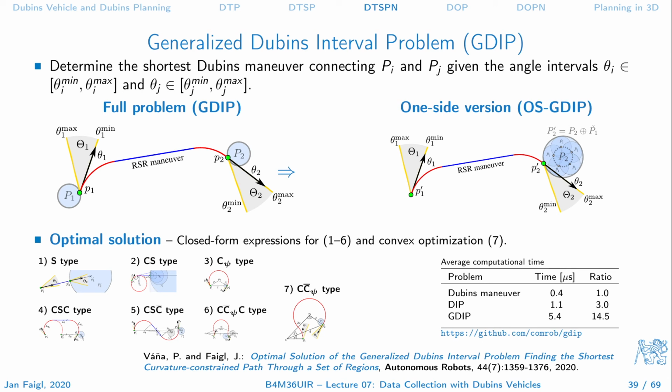So we again have a prescribed interval, leaving interval, and arrival interval, but instead of a single location we have a region, and we are asking what is the length of the optimal Dubins path from this region to that region under the constraint that leaving heading is within this interval and arrival heading is within this interval.